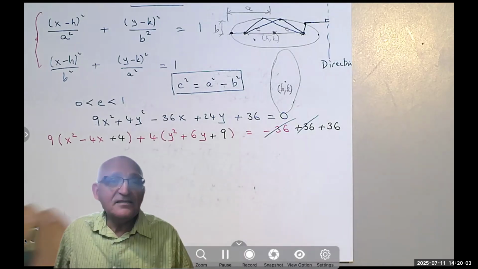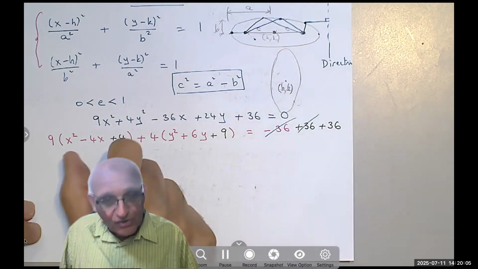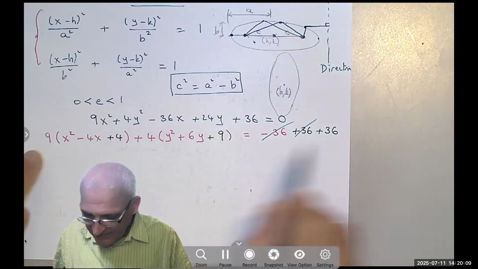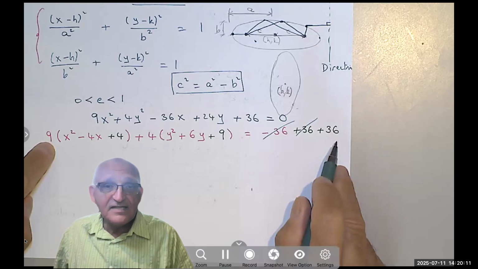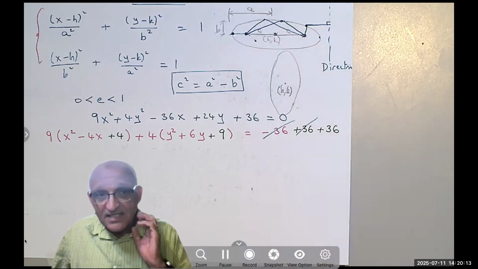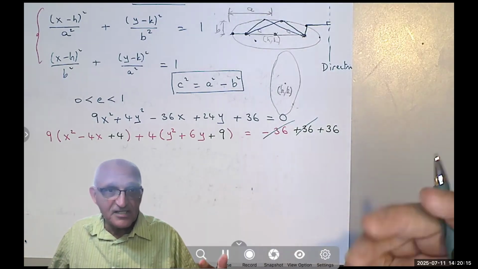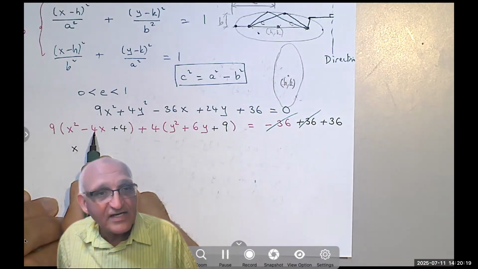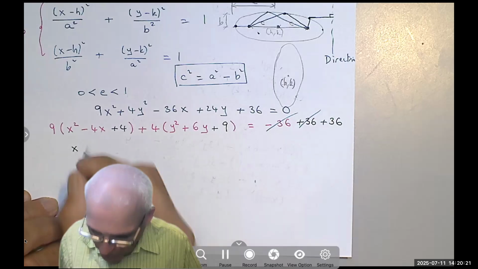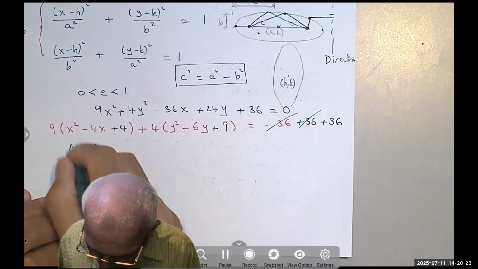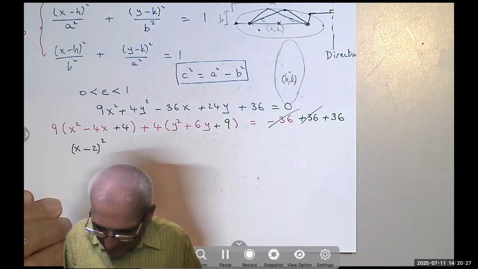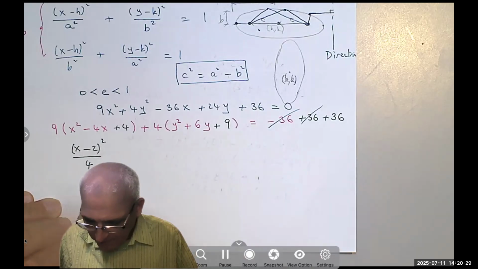Here, first of all, we already completed the square, but since I have 9, 4, and 36, I'm going to divide both sides by the least common multiple, which is 36. So I'm going to say x, notice when we divided this by 2, we got negative 2. So x minus 2 squared times 9 over 36, so it's over 4, plus.